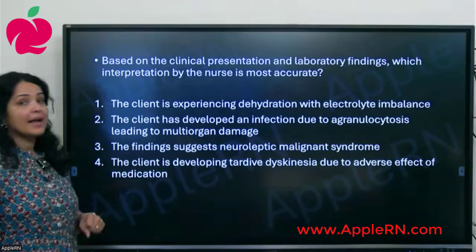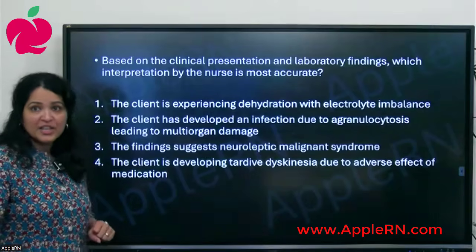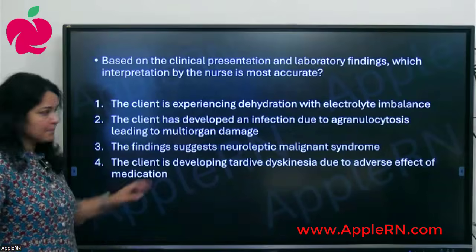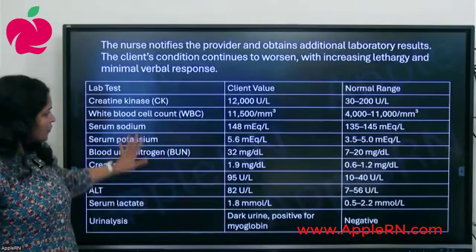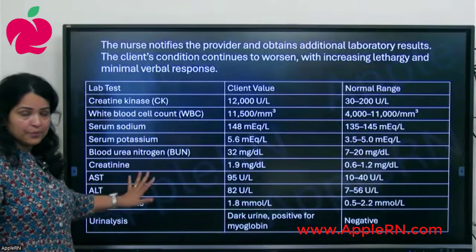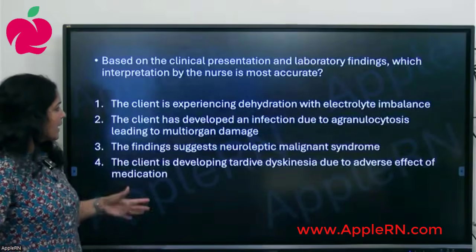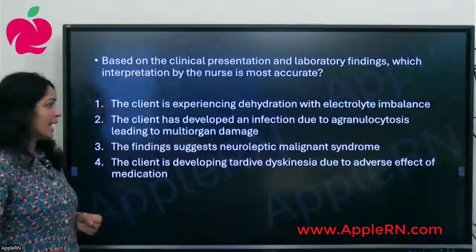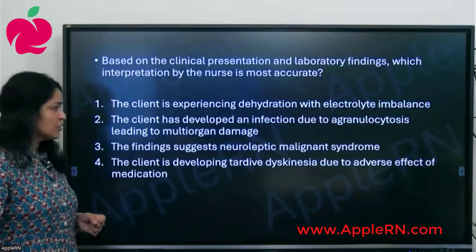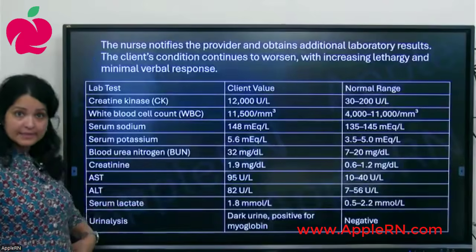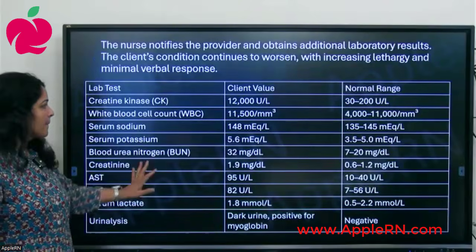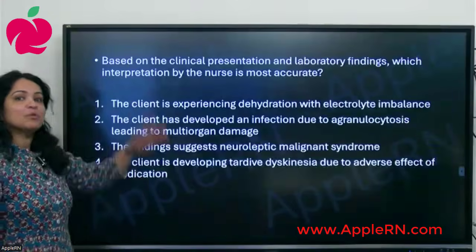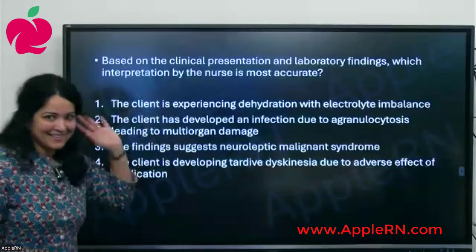Number 1, the client is experiencing dehydration with electrolyte imbalance. This is the lab value. Second, the client has developed an infection due to agranulocytosis leading to multi-organ damage. I'm showing every time the lab value so you can connect.